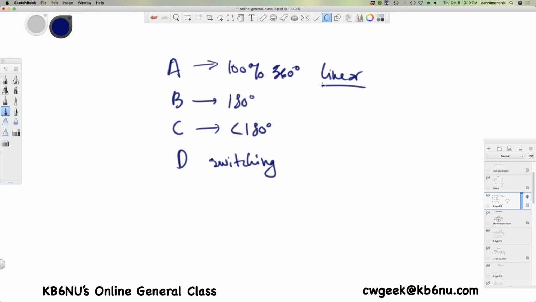Especially if you're operating a voice mode, then you want to preserve that waveform, only make it a higher amplitude. So question, which of the following describes a linear amplifier? Answer, an amplifier in which the output preserves the input waveform.